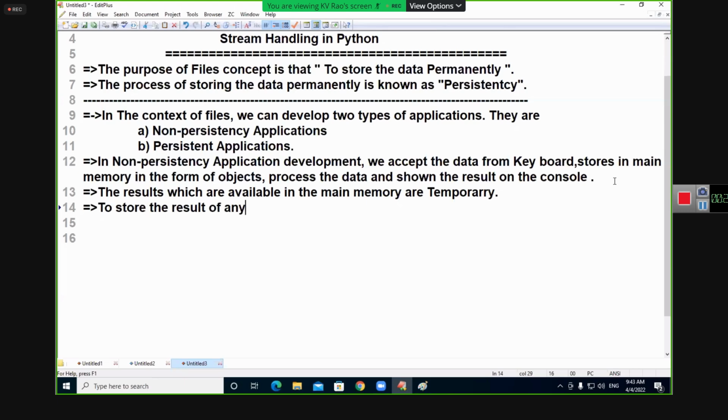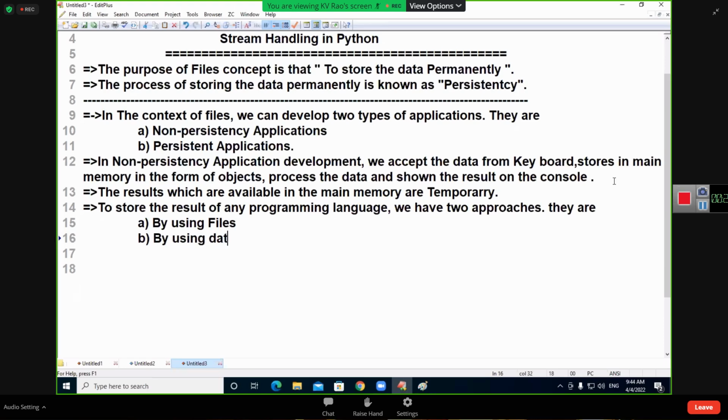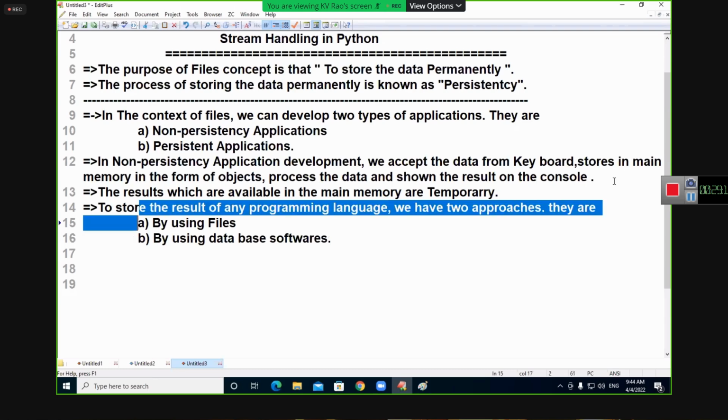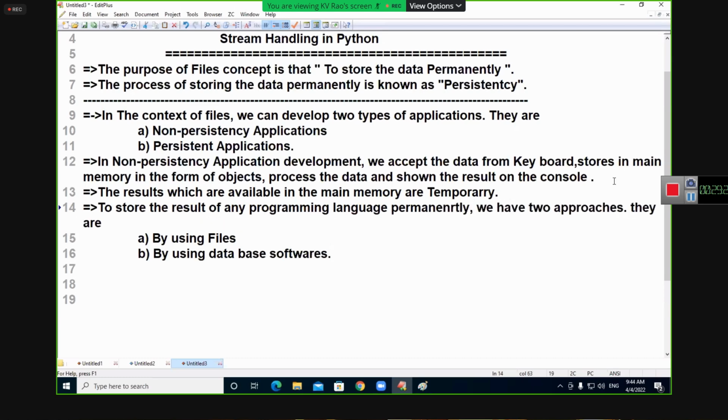So to store the results of any programming language permanently, we have two approaches.